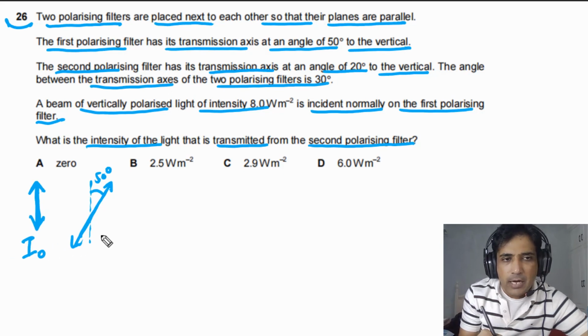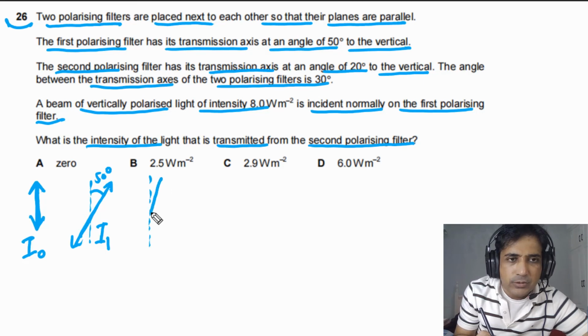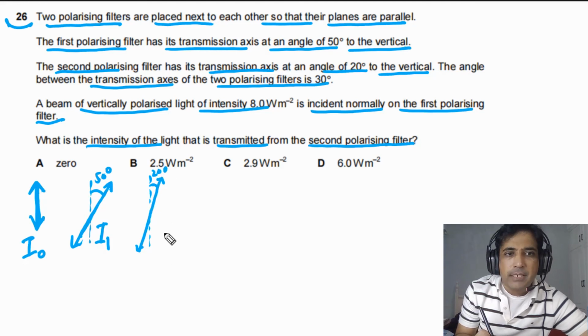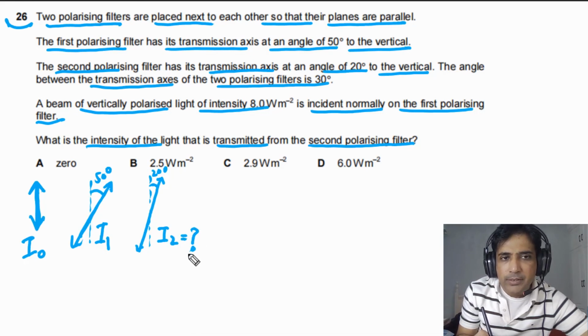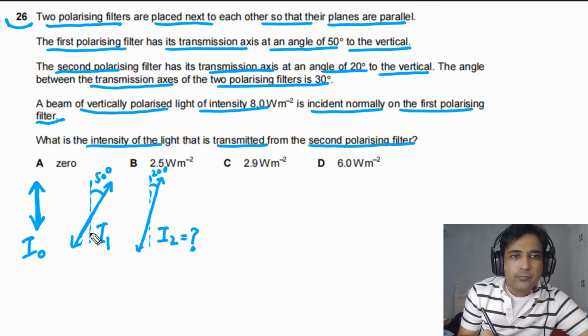Now the light, after passing through this one, let's say the intensity of the light is I1, and then there is another polarizing filter at an angle of 20 degrees to the vertical, meaning the angle of transmission axis with vertical is 20 degrees. Let's say the intensity of light after this filter is I2, and we need to find out the value of I2. Let's try to find out first of all I1.